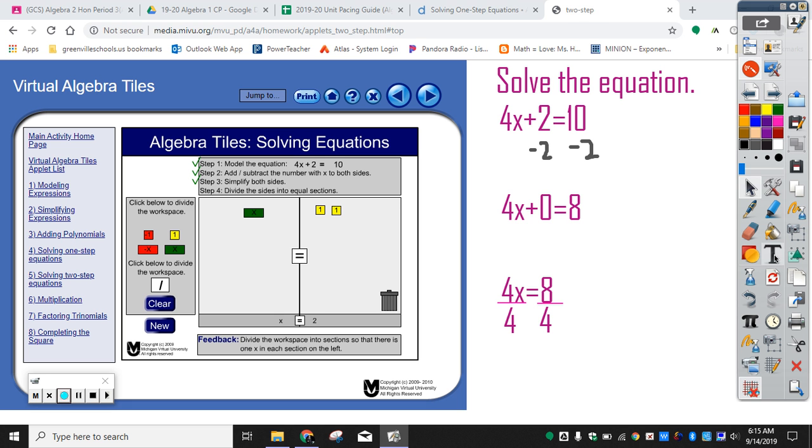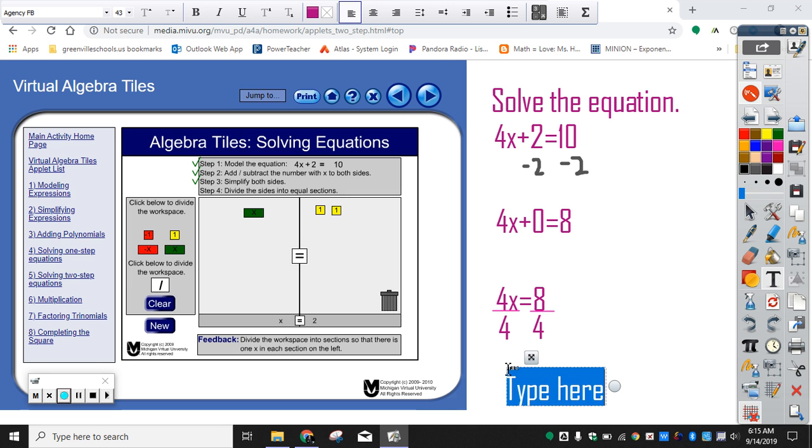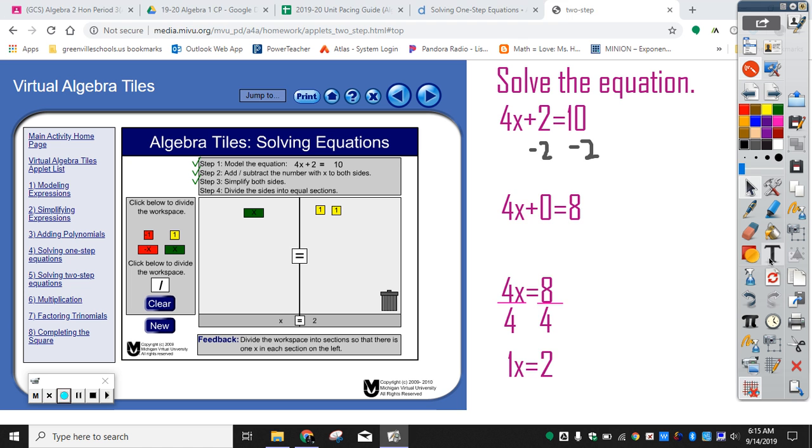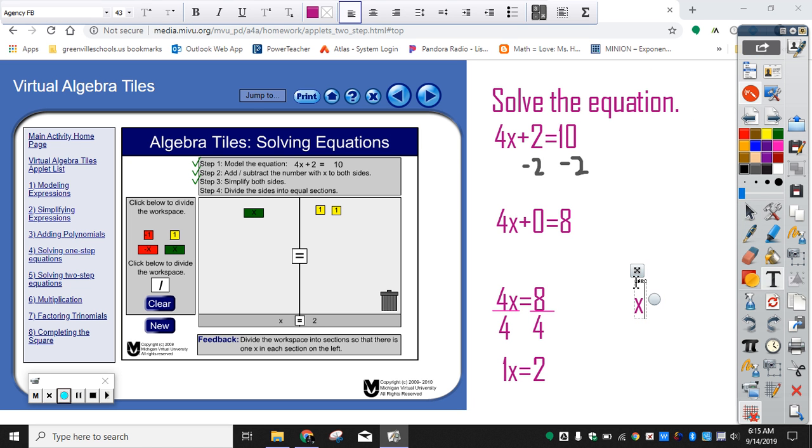And then 4 divided by 4 is 1, and 8 divided by 4 is 2, and we know that 1 times x is just x. So my solution is x equals 2.